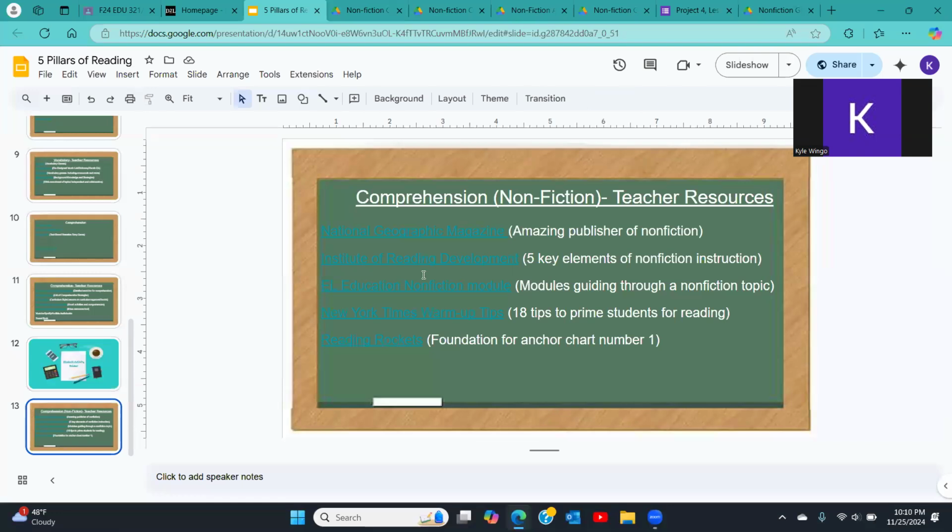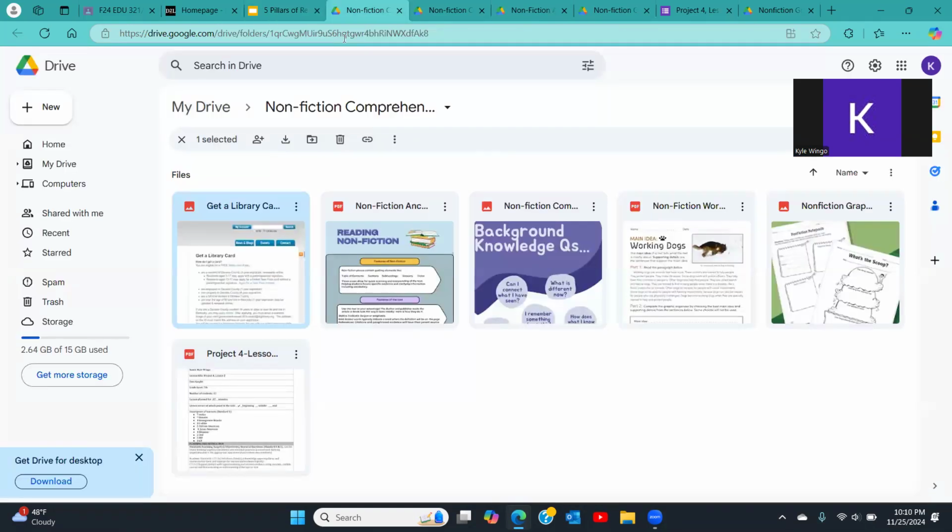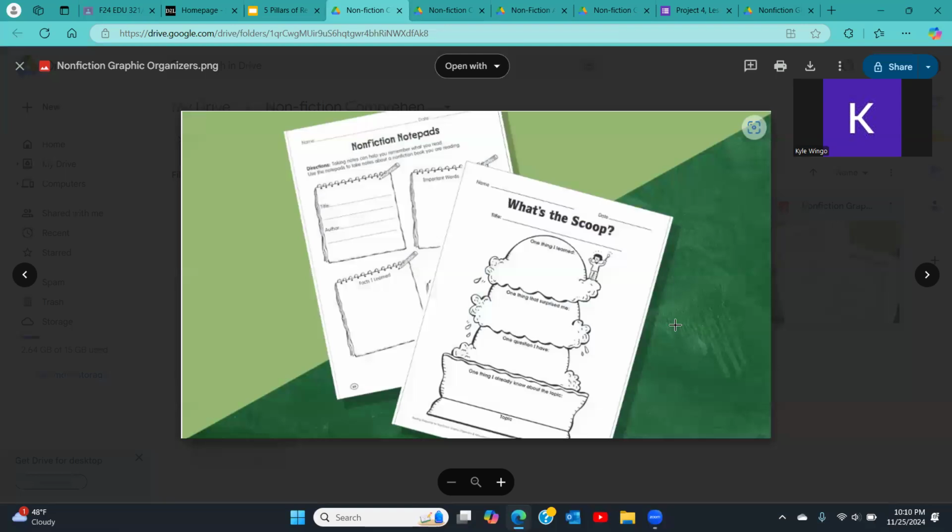And now for my second, in-person activity that I really like are these graphic organizers. I think these graphic organizers could allow teachers to kind of scaffold their students into how to actually take notes and learn.